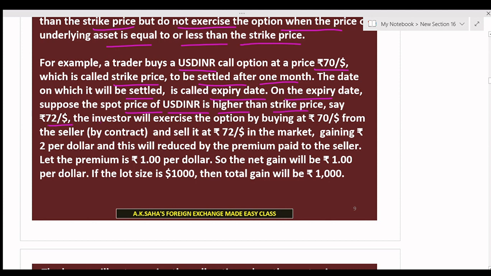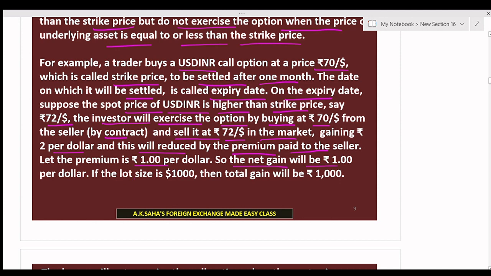The investor will exercise the option by buying at rupees 70 per dollar from the seller by contract, and sell it at 72 per dollar in the market, gaining rupees 2 per dollar, and this will be reduced by the premium paid to the seller. Let the premium be rupees 1 per dollar, so the net gain will be rupees 1 per dollar.